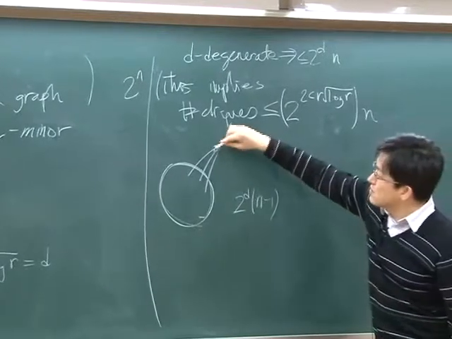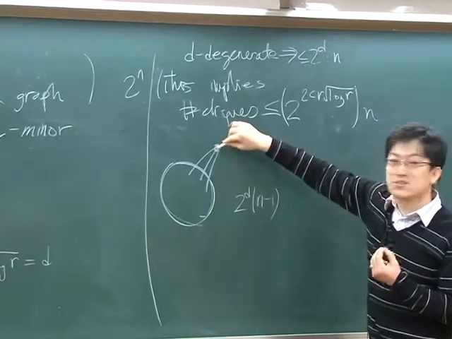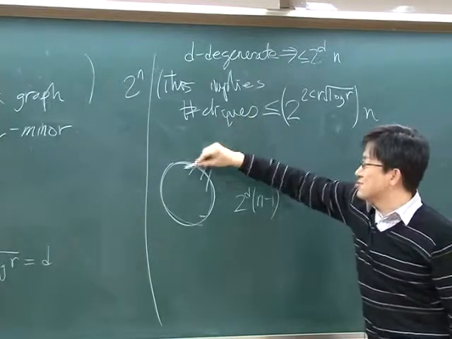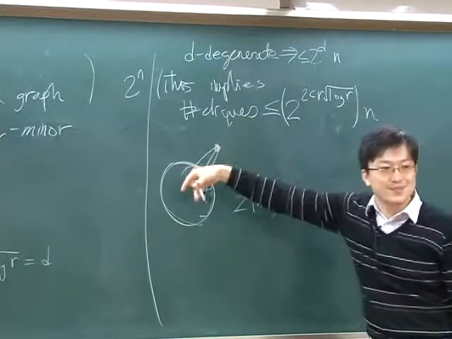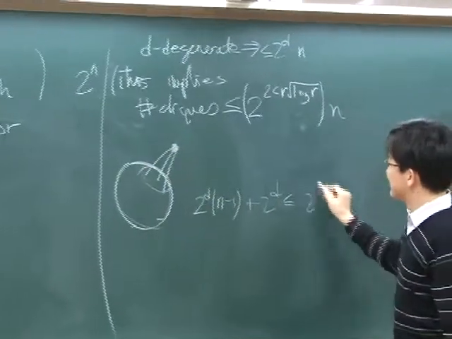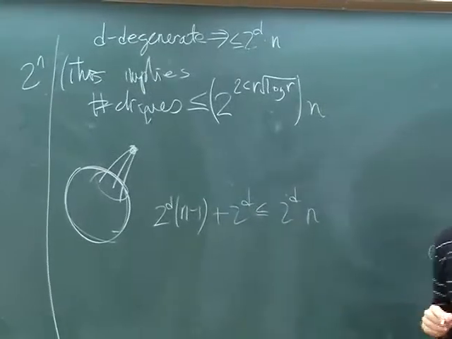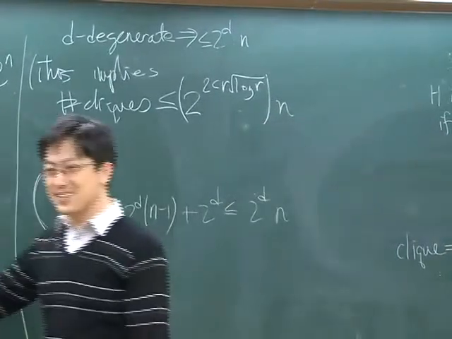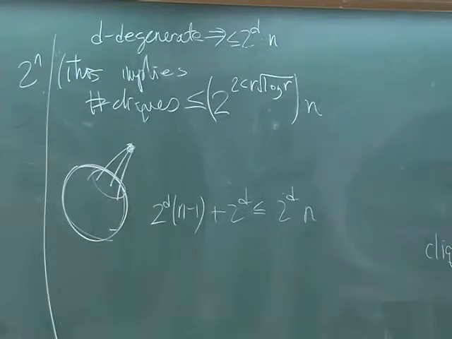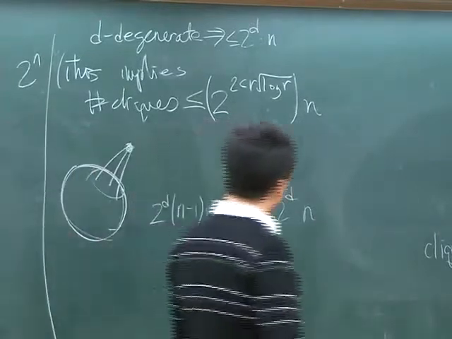And then I'm counting the cliques containing this vertex, which can be at most 2 to the d, because the degree is at most d. So the trivial induction, right? In his paper, he said this is a folklore lemma. I don't know who invented it first, but this is quite depressing.